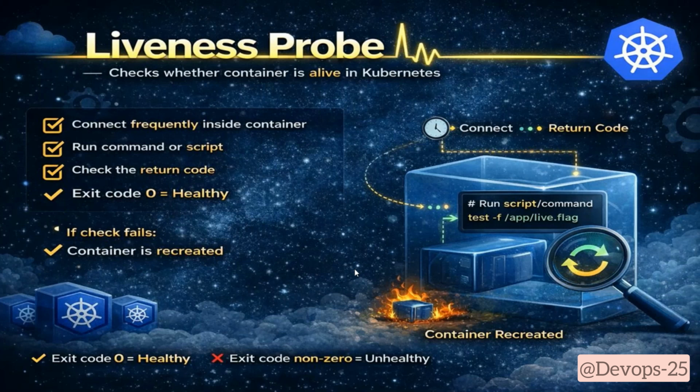And one more thing is the application is running but unusable. In these cases, the process is still running, so Kubernetes will not restart it. Without liveness probes, these broken pods stay forever. So that is how silent failures happen in production environments. That is where the liveness probe solves these problems.